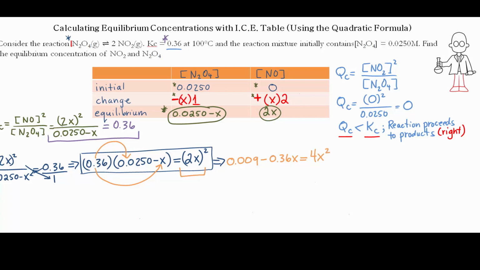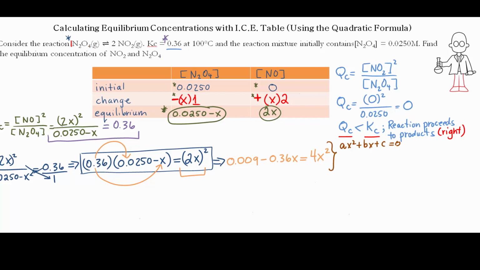Now, at this point, I want to rewrite this equation in the form of ax squared plus bx plus c equals 0. That is called standard form.